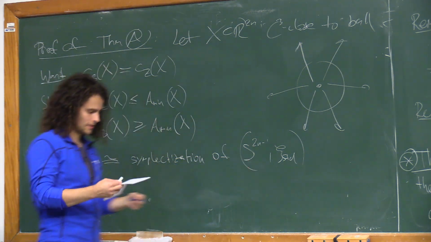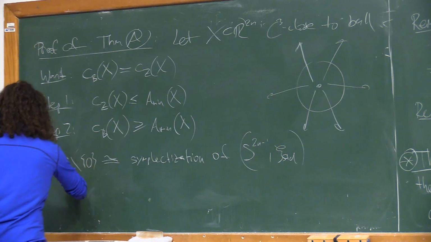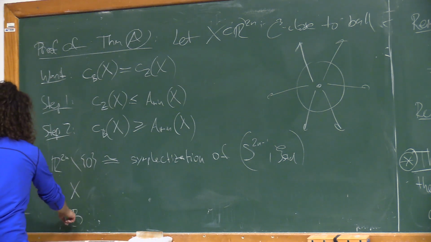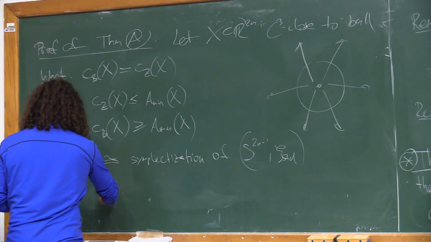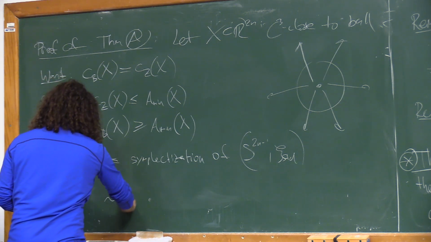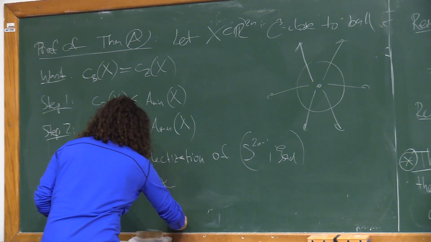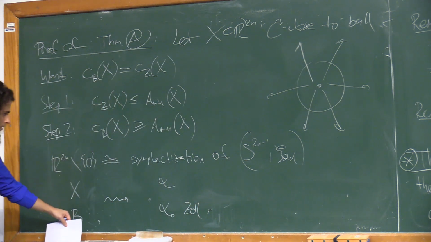and therefore to contact forms. Right, and so in particular, I have my x and I have my ball. So this B is the ball, that's the domain I started with. And then they're going to correspond to a contact form alpha and a contact form alpha_0. This alpha_0 is Zoll because the Reeb flow on the boundary of the ball is Zoll.